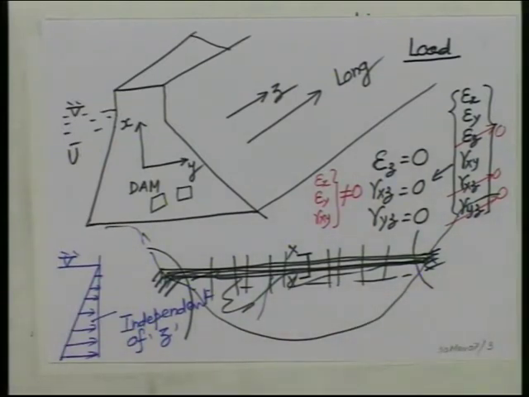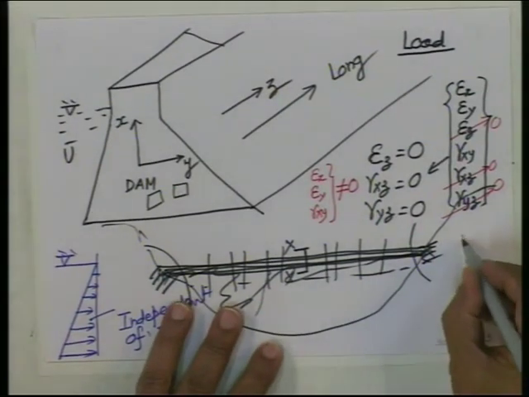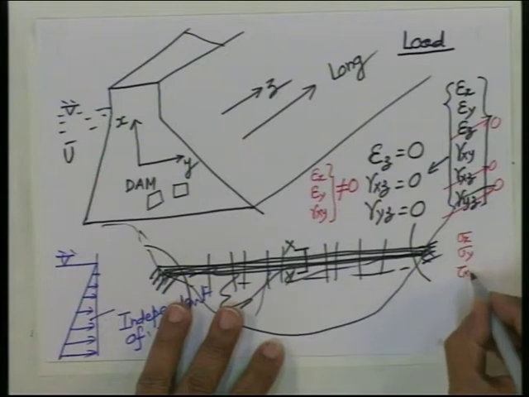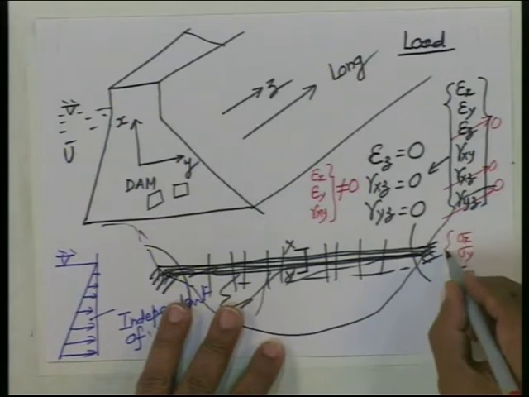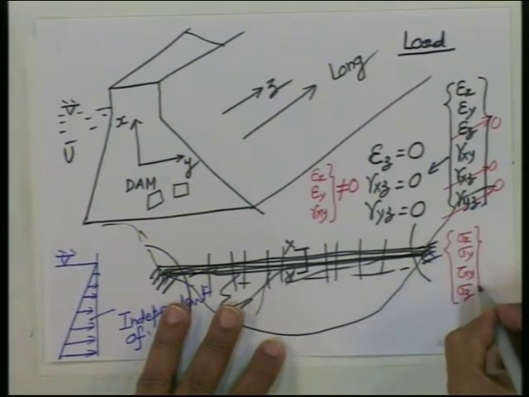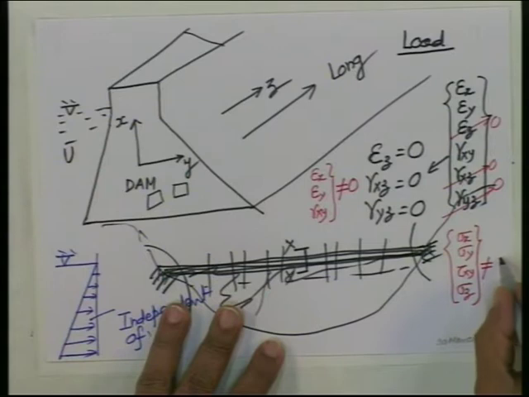There is no strain in the z direction, normal strain epsilon z is 0, but because of constraining, just like in thermal problems, if you constrain a body and raise the temperature, there will be stress in that direction. So, normal stress will be there. So, the non-zero stresses will be sigma x, sigma y, tau x y and sigma z.